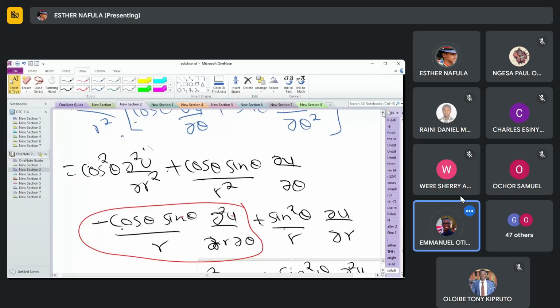We can use different pens to indicate like terms. Is there another partial u partial theta, a term that looks like this?